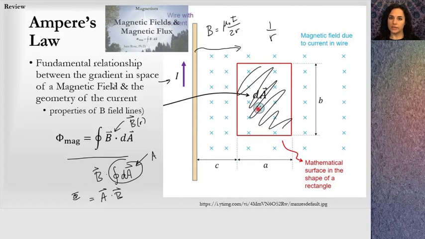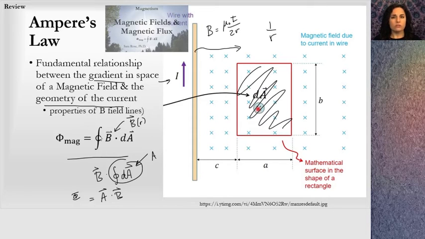The big idea to carry along here is that there's a fundamental relationship between the gradient in space of that magnetic field, which curves through space, and the geometry of the current distribution, whether it's a circle, a bunch of circles, or a long straight wire. That magnetic field shape depends on the geometry and the magnitude of that current.